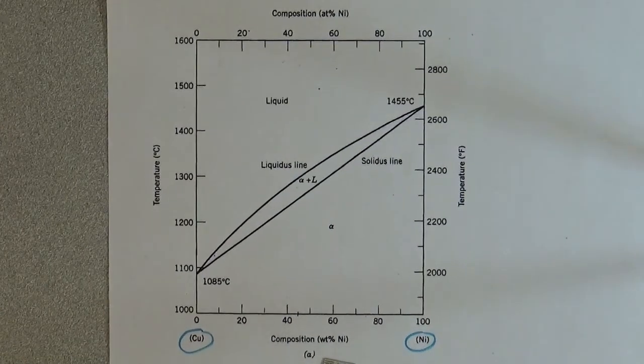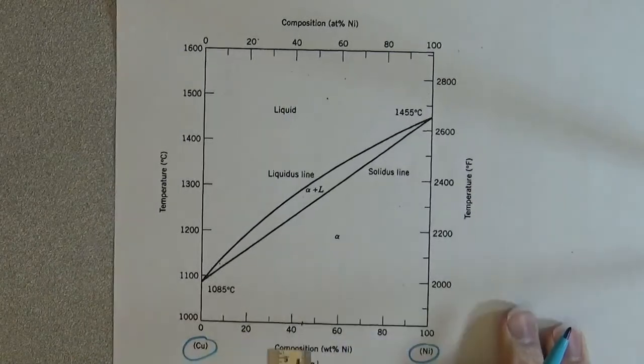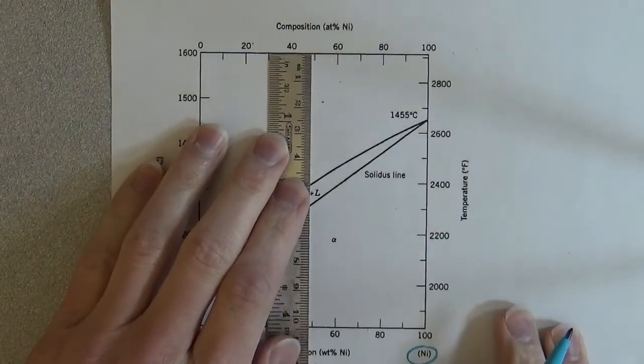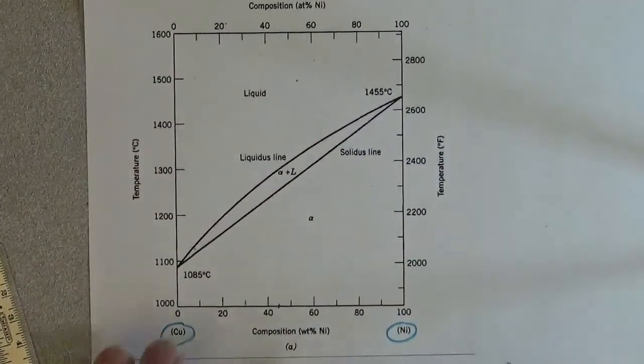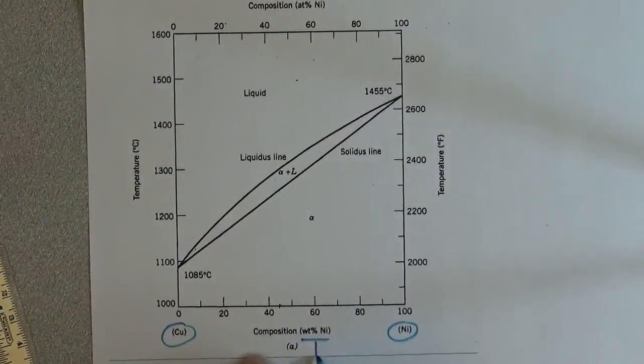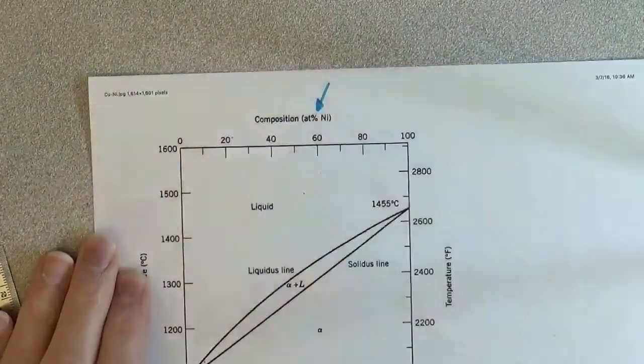So let's pick somewhere here. Let's pick here, actually. You notice on this phase diagram, the bottom axis is giving you weight percent, and the top axis is giving you atomic percent.